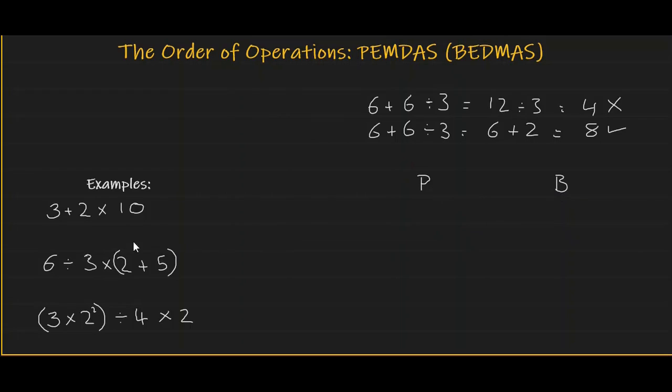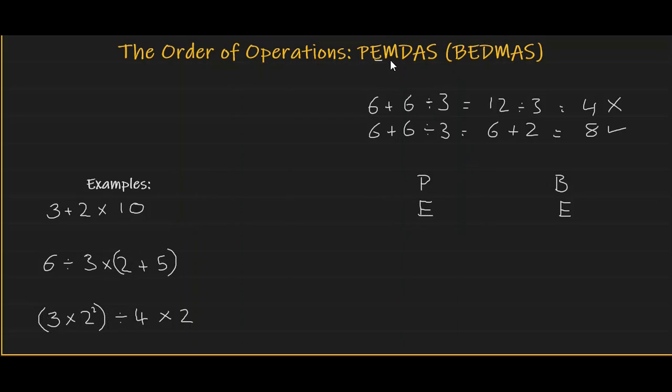If an equation has brackets, you always solve what's in the brackets first before you go to the next part. Second is exponents. Exponents have to be solved after you're done your brackets in the order of operations.